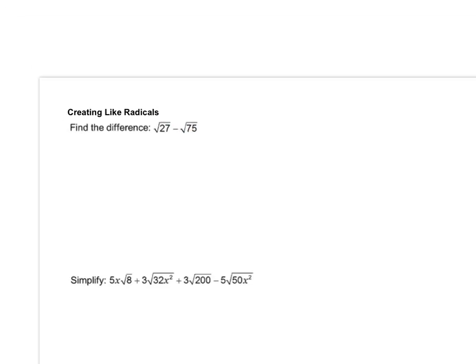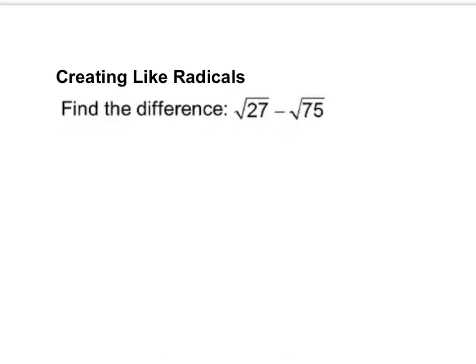Okay, on this one, when you have two different radicals, and you're trying to perform this operation, the square root of 27 minus the square root of 75, right now they are not like radicals. However, these are radicals that we could simplify.